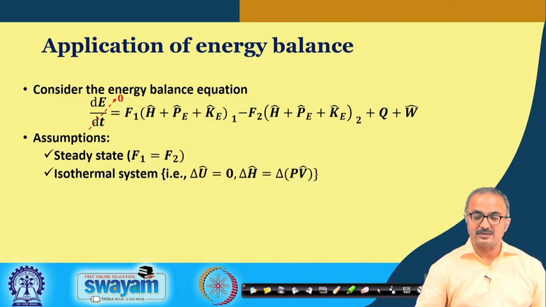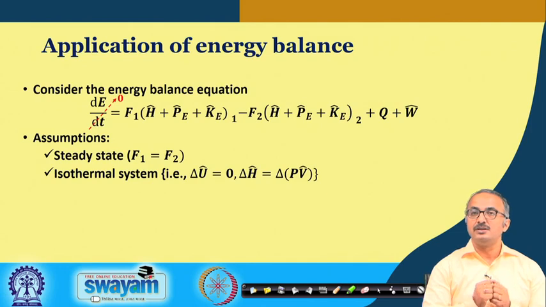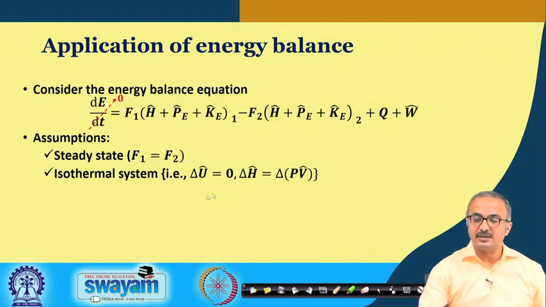Next, we make another assumption, that it is an isothermal system. In that case, we know that there will not be any change in the internal energy of the system, because internal energy is a function of only temperature. So, it will not be changing, so the change in the enthalpy will be purely due to the change in the product P V, that is P into the specific volume.